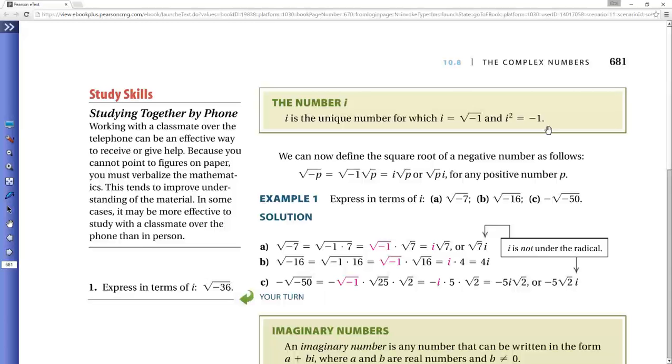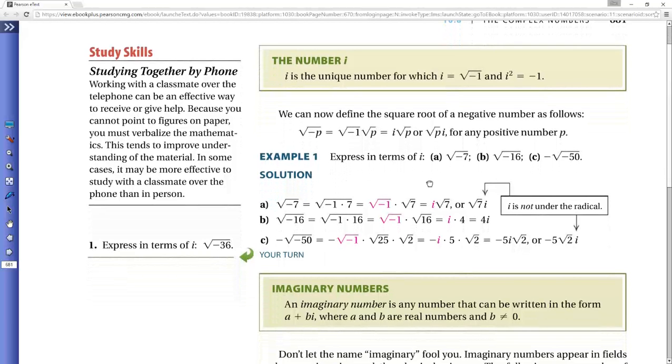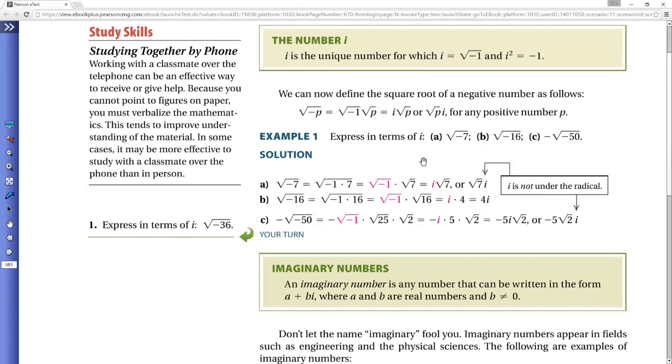So we're going to use this to deal with the even nth roots of negative numbers. Before I talk about it too much, I'll just show you what they do in the book, which is a really elegant solution to this issue. Express in terms of i, this imaginary number, the square root of -7 is the first one.